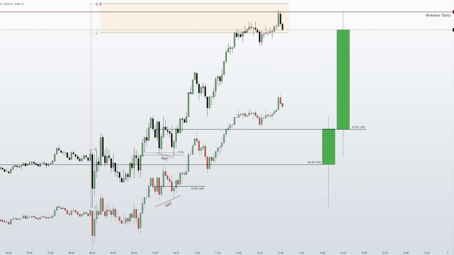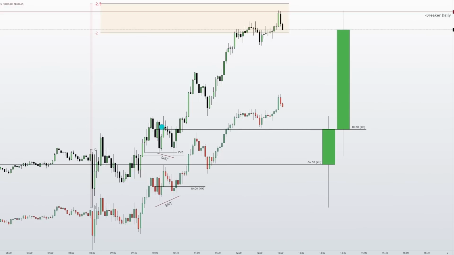When price prints this manipulation and this SMT is your confirmation for the week low printed, price moves to the unfinished business. And when price moves above the time opening, in this case the 10 a.m. opening, it is another confirmation for the distribution phase.